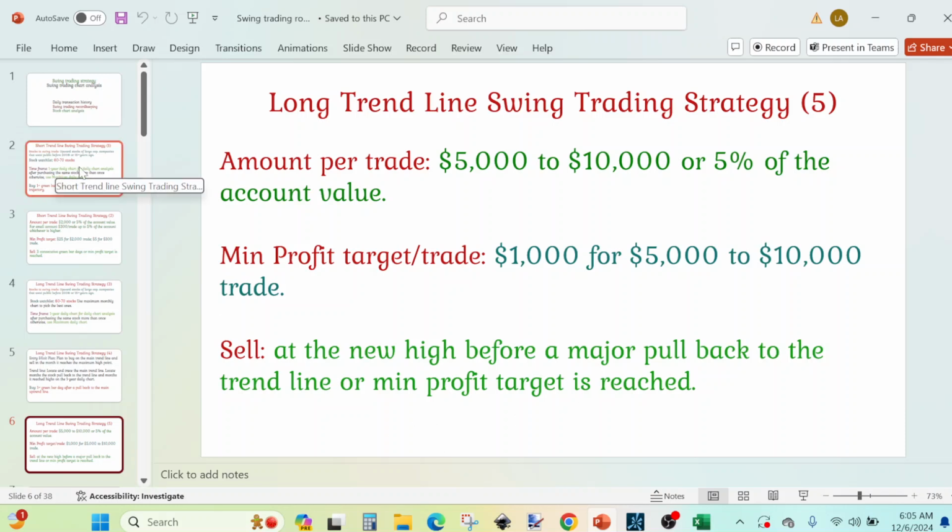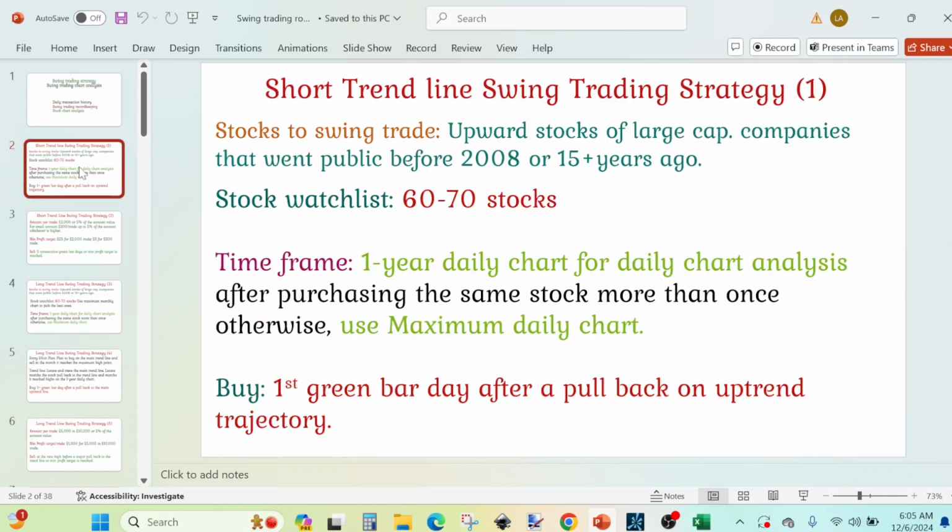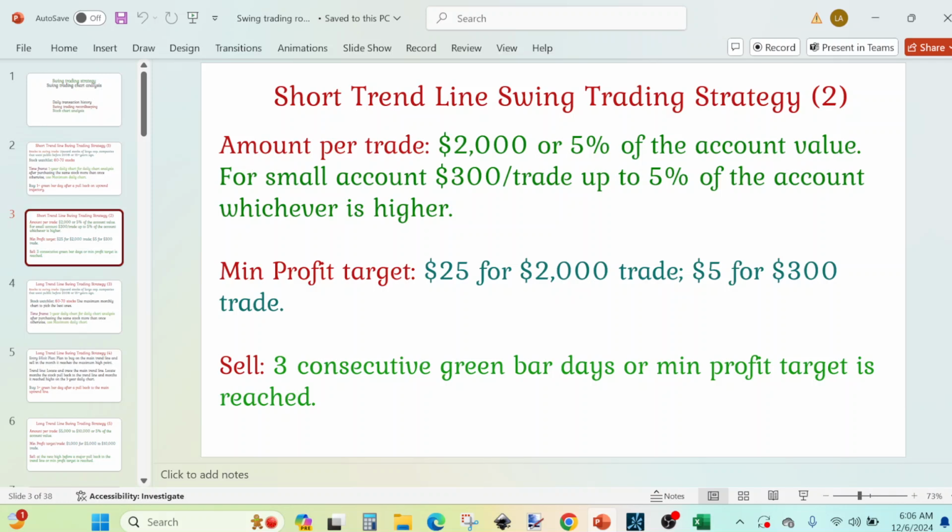But if you are starting, you can start small, and you can use a short trend line swing trading strategy, or have your own strategy that you plan to use, but start small. Set a smaller profit target so that you can reach a profit per trade, not per share, per trade, that you can reach faster, and repeat the process again.